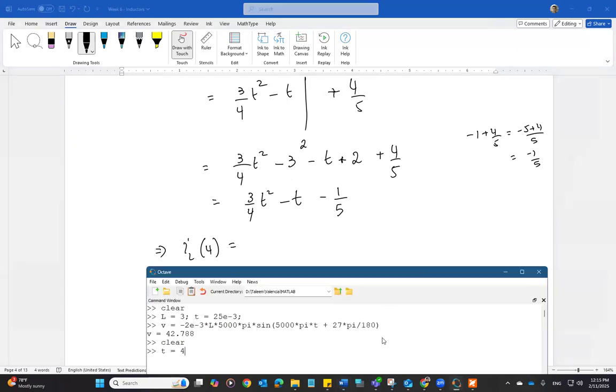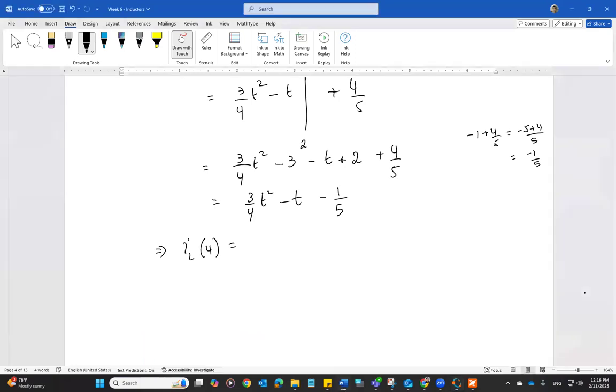T is equal to 4, and IL4 is equal to 3 by 4 times t squared minus t minus 1 by 5, which is 7.8. So that's my initial value for the next phase.